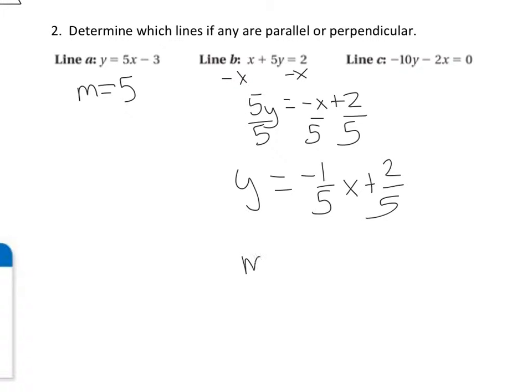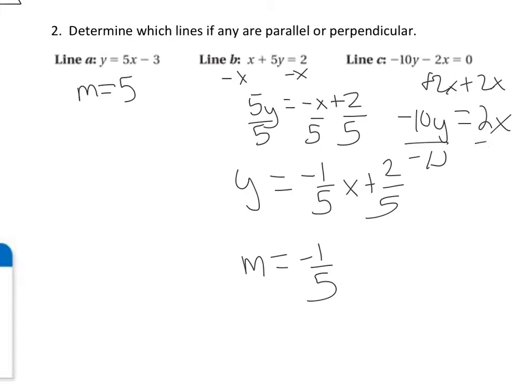So the slope of this, -1/5. Here, add the 2x. You get -10y equals 2x. Divide by -10. You get y equals -1/5 x. So here the slope, -1/5.